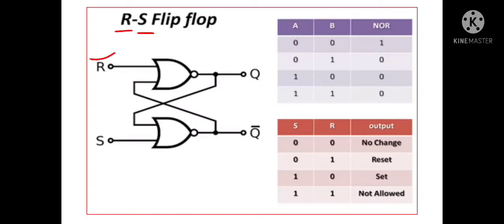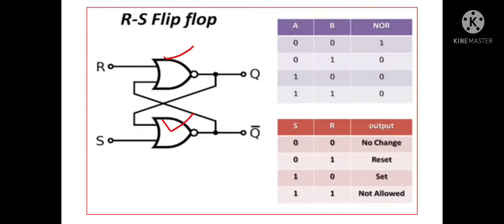One is called the reset input and the other is called the set input. And similarly, it has two outputs. One is the Q output, which is the main output, and the second is its complemented output, which is called Q bar. This RS flip-flop is constructed using two NOR gates. The first is this gate and the second NOR is this gate.